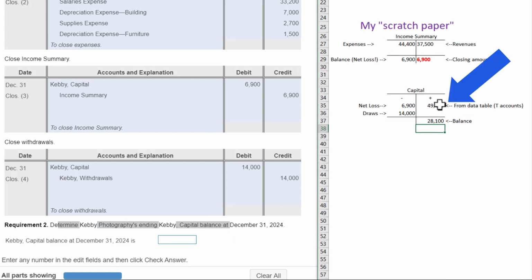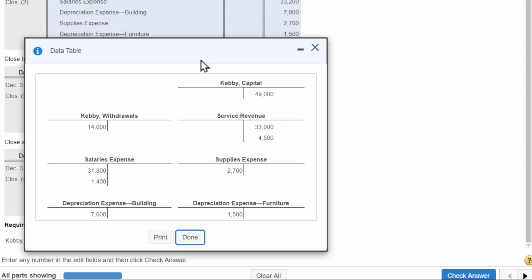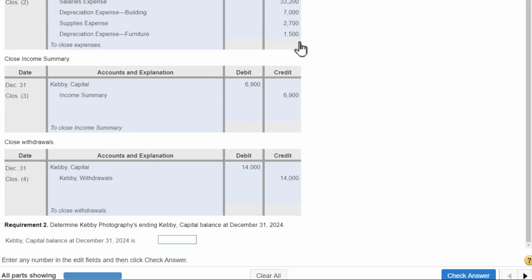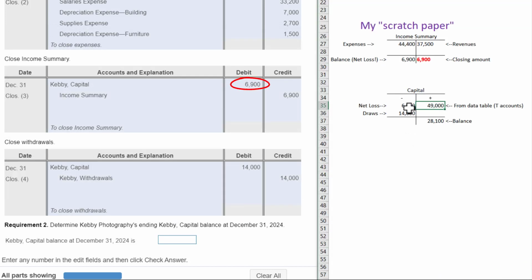So the beginning balance was 49,000, and we got that from the data table, which, just to remind you, we got from here. And then we have a net loss, which we got from right here. And then we closed draws to capital, which is right here, 14,000.